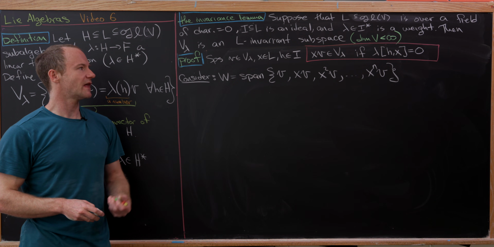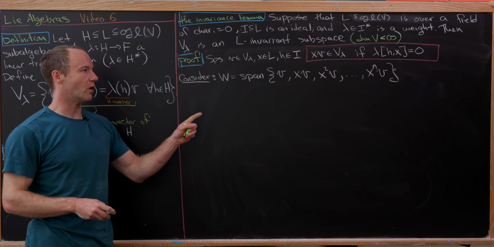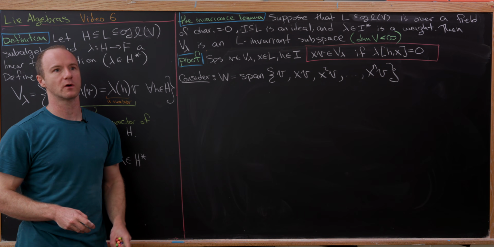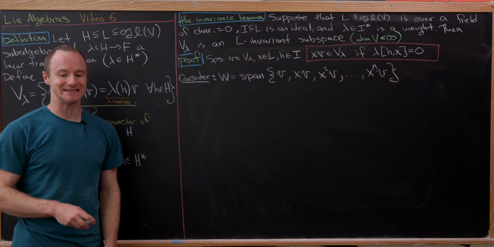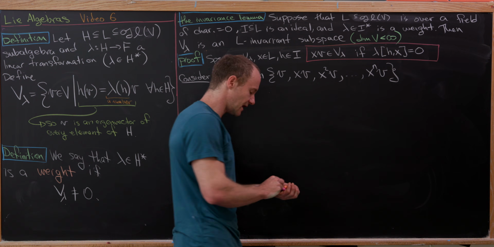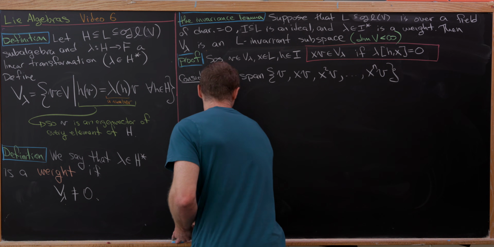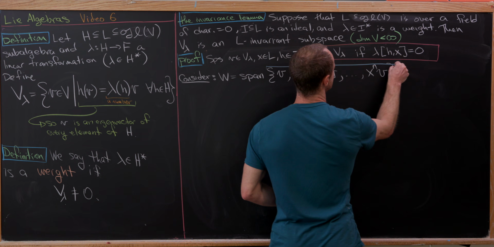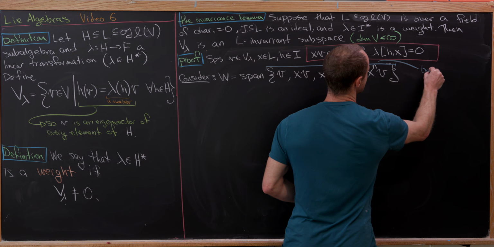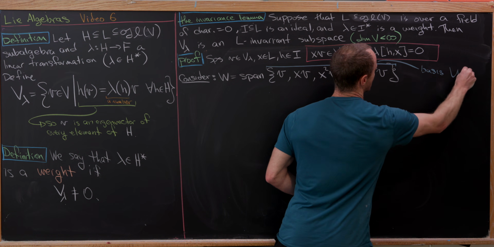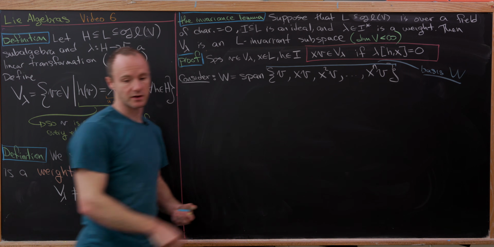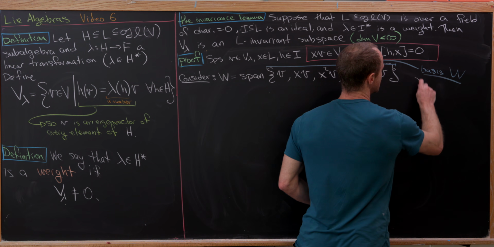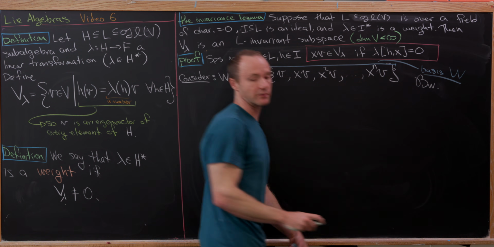And that also means that if we were to add one more, so we're stopping one short, it would be linearly dependent. And because of that, it follows that this set right here doesn't just span, it's also a basis for W. Okay, good. And then maybe we'll call that basis for W, script BW.